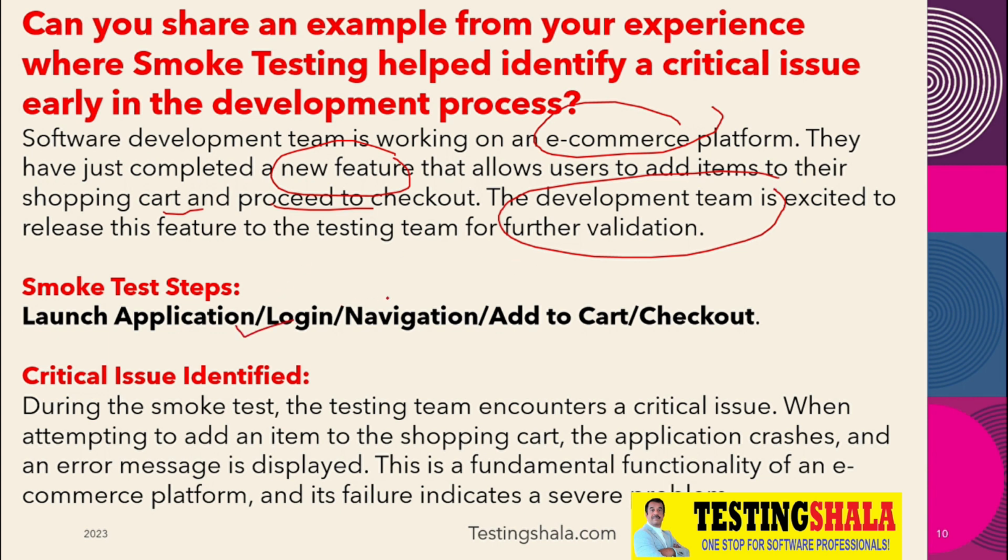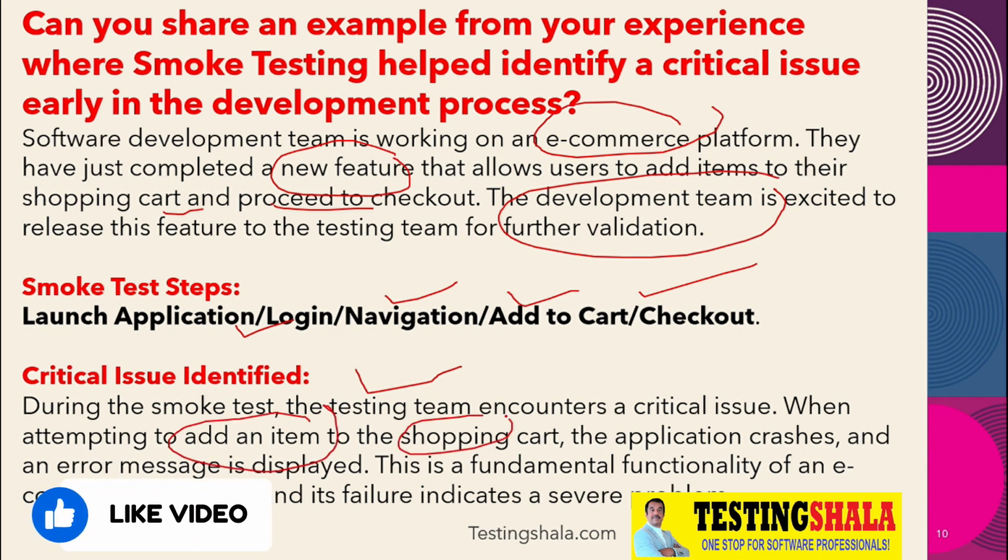While performing the smoke testing, a critical issue has been identified. When the user tries to add an item to the shopping cart, the application crashes and an error message is displayed. If the application crashes while adding to the shopping cart, that means this basic fundamental functionality of an e-commerce application is failing.